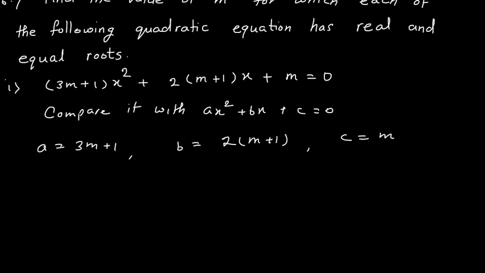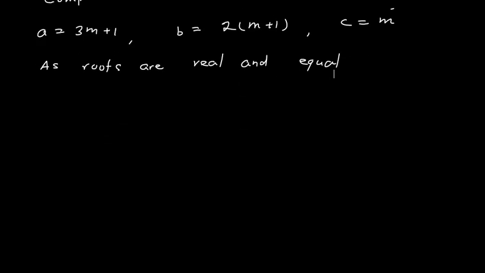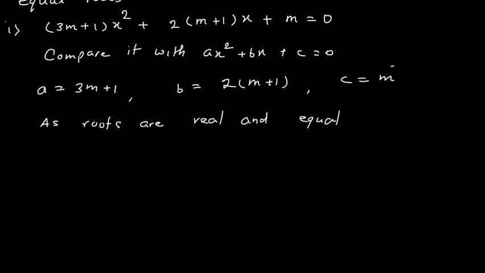Now once we compare, as the roots are real and equal, we can say that b square minus 4ac is equal to 0.